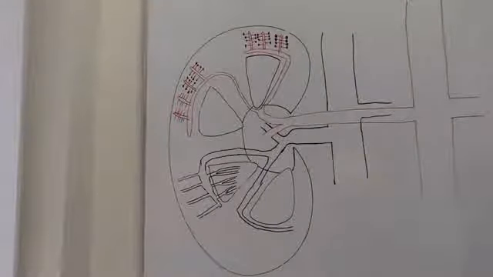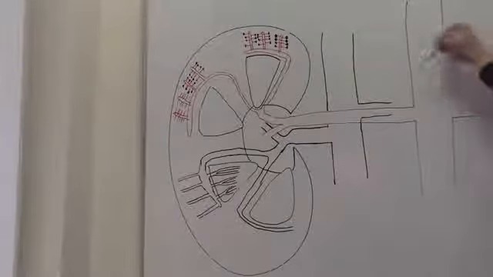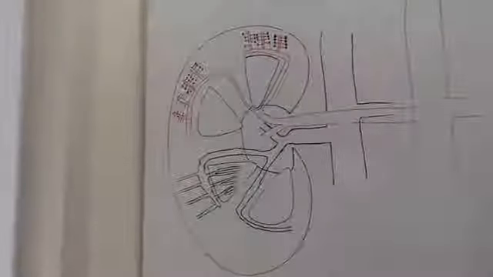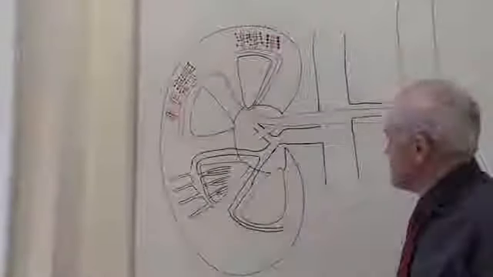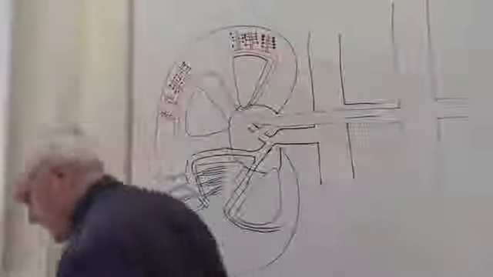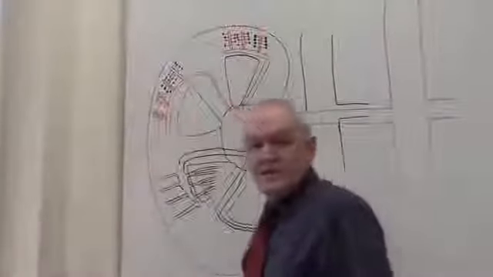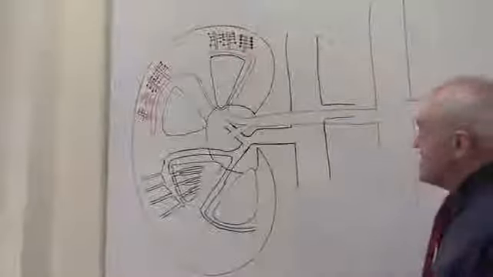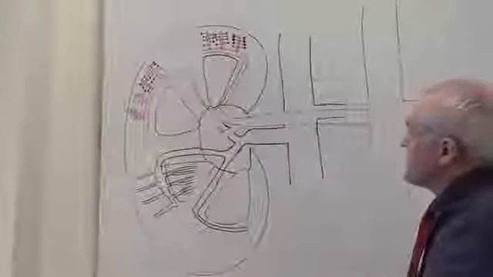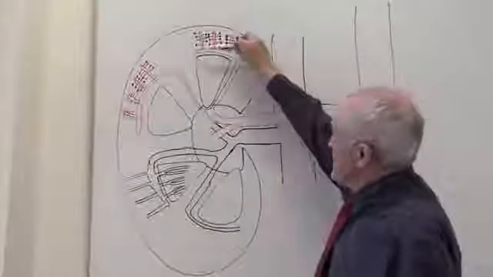So we see that the blood is entering via the aorta, going through the renal artery. From the renal artery, it's going up the renal columns in the interlobar artery, into the arcuate artery.